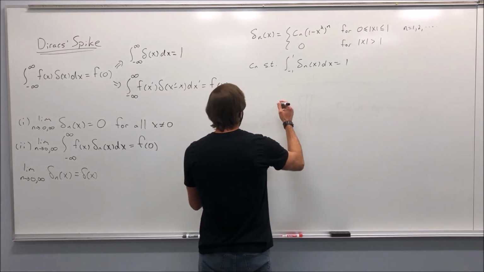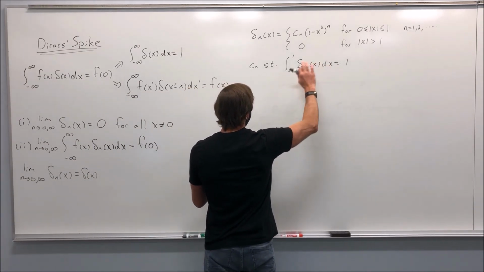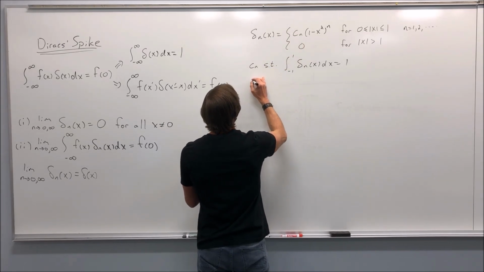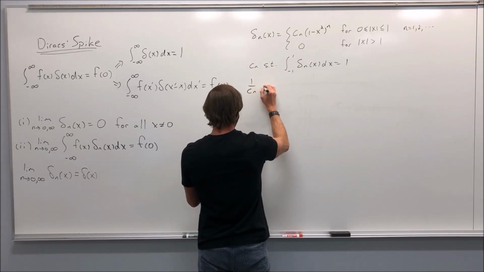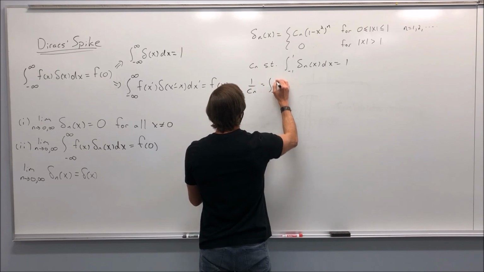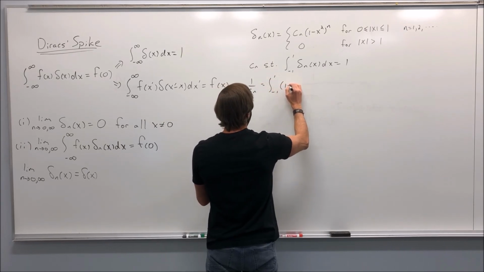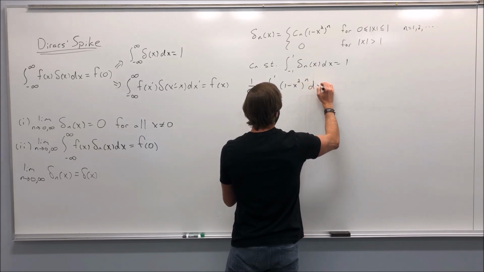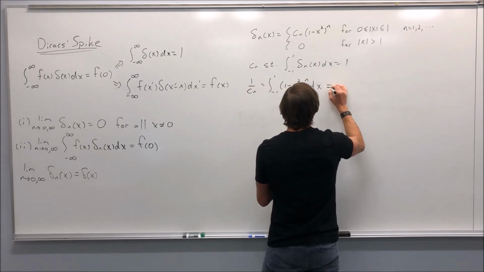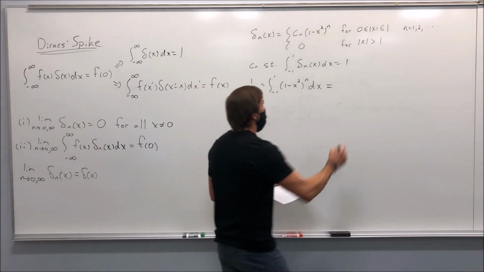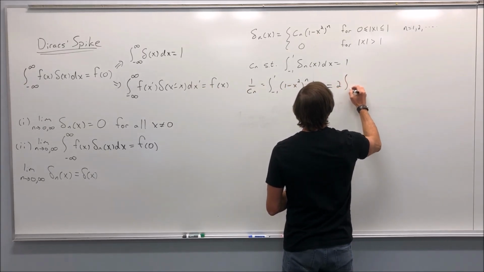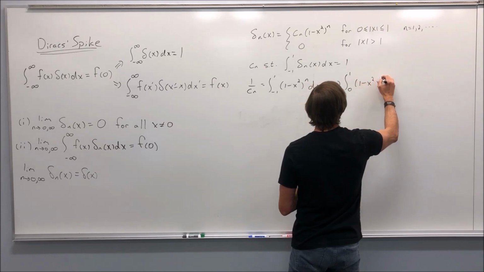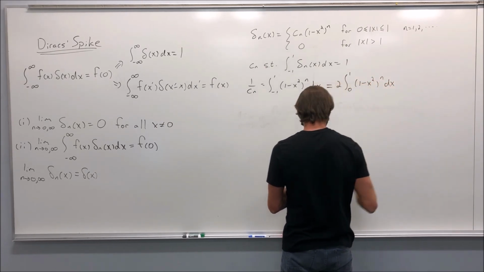And so we can actually figure out from this expression and plugging in what C_n needs to be. So what we find is that 1 over C_n is the integral from -1 to 1 of (1 minus x squared) to the n dx. This is even, so we can just rearrange it and make it 2 times the integral from 0 to 1 of (1 minus x squared) to the n dx.